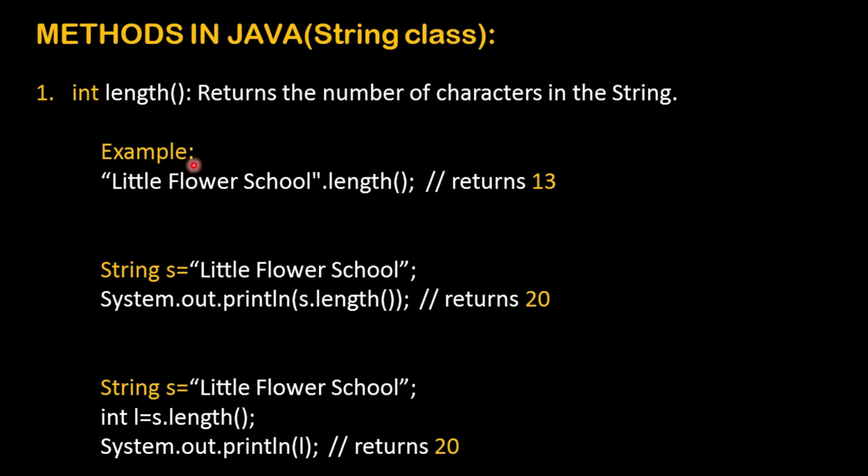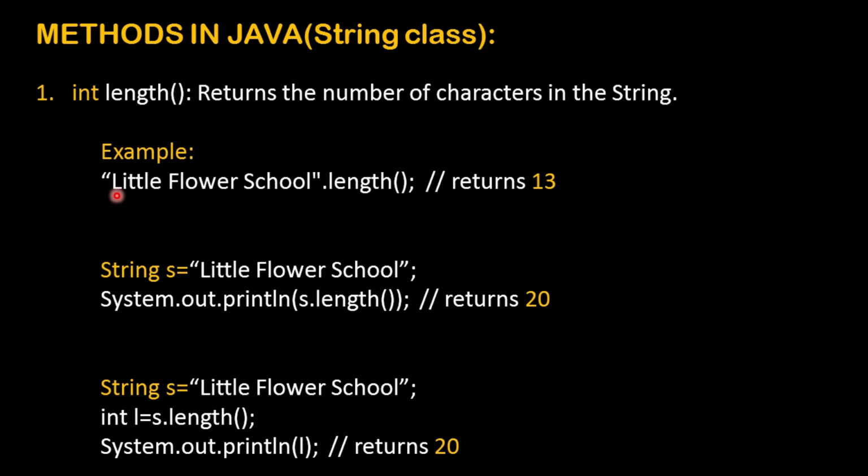So, what is the number of characters present in this string? Let us count. Here the counting starts from 1. Remember, when you represent a string, its index position starts from 0. But when you count the number of characters in the string, it always counts from 1. There is no counting from 0.